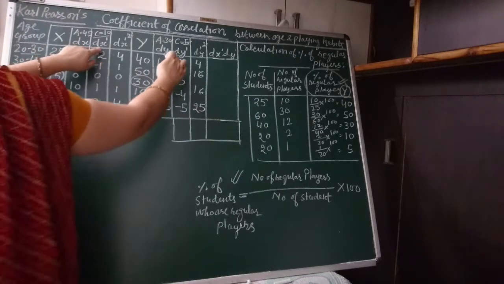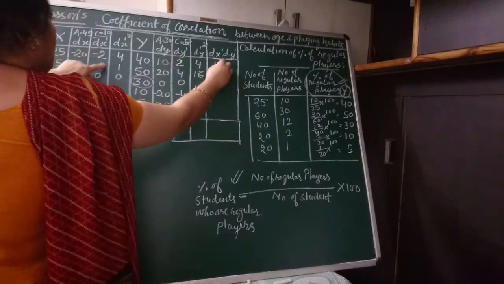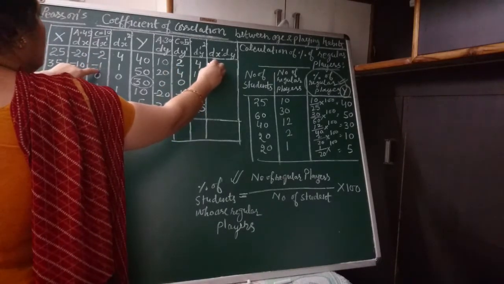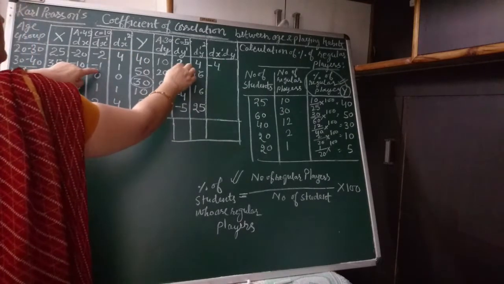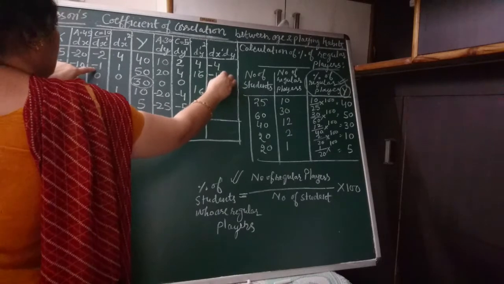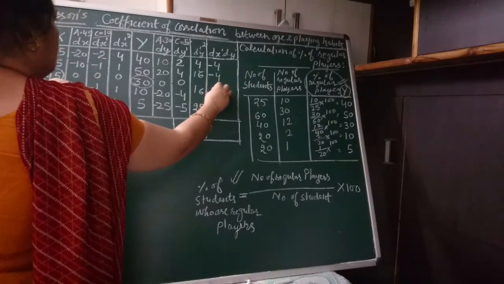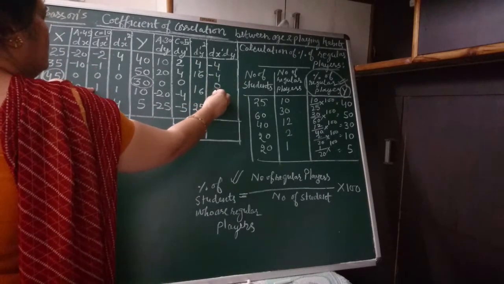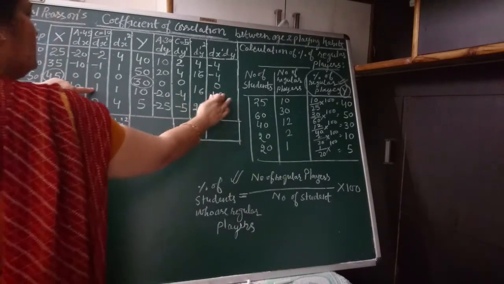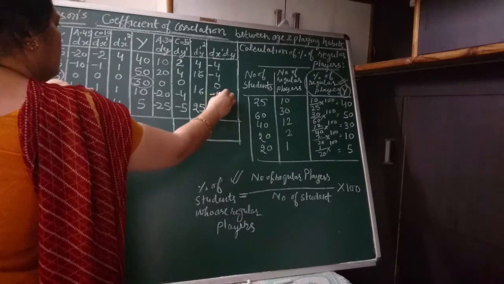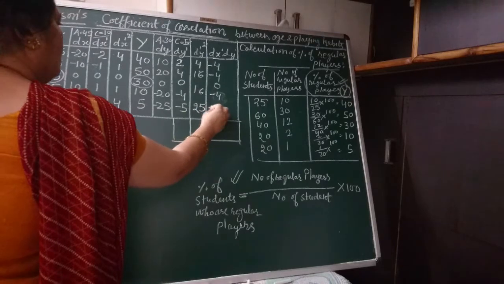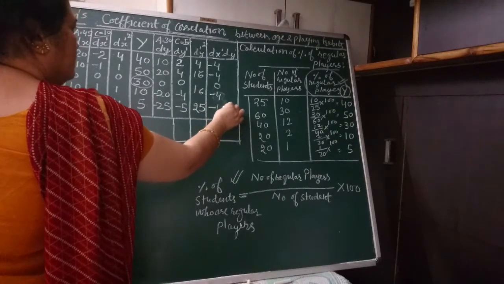The dx dash and dy dash values are 4, minus 2 multiplied by 2 is minus 4, minus 1 multiplied by 4 is minus 4, then 0, then 16, minus 4. Minus 4 multiplied by 1, and the last one is minus 5 multiplied by 2, which is equivalent to 10.